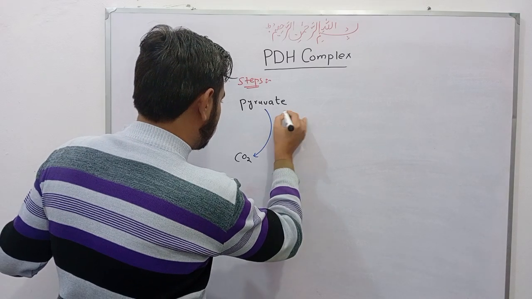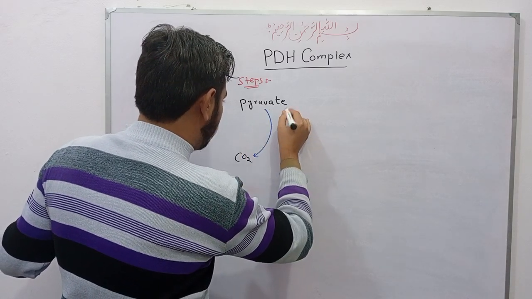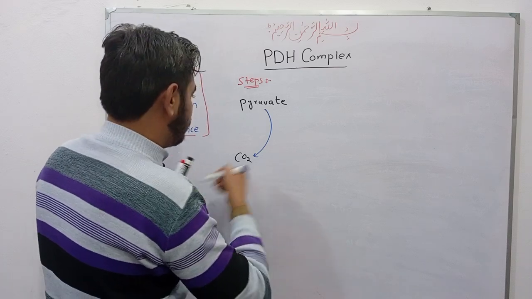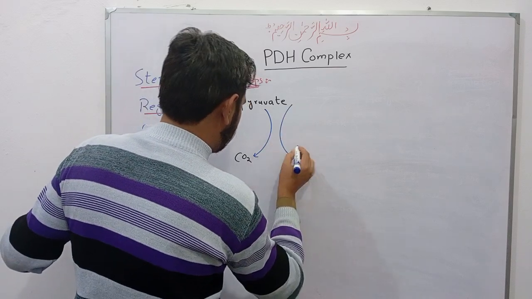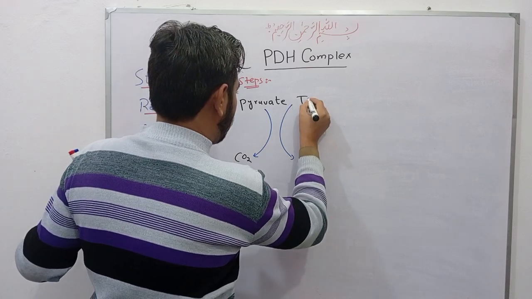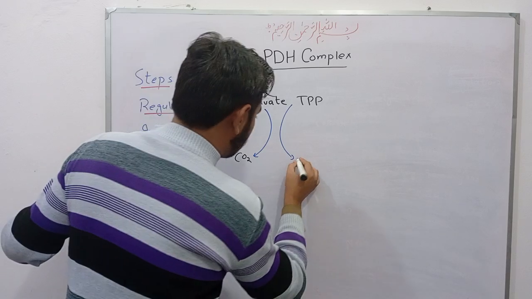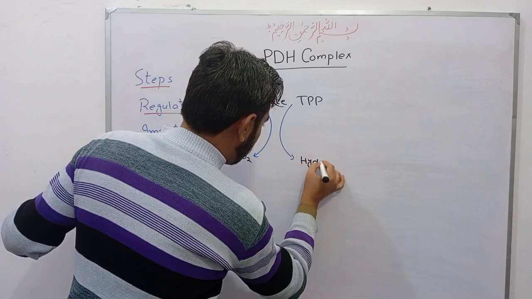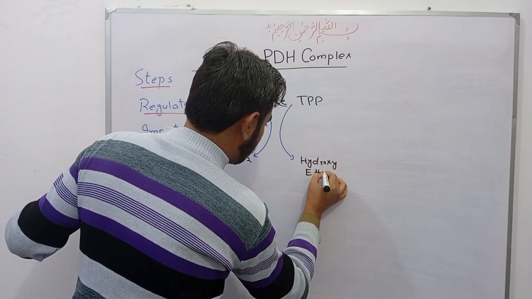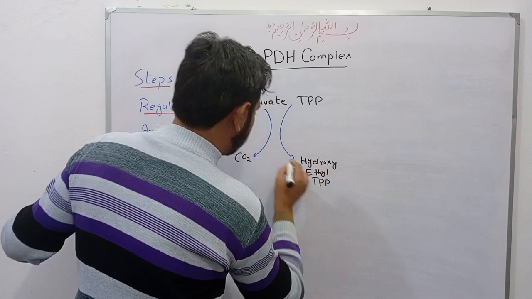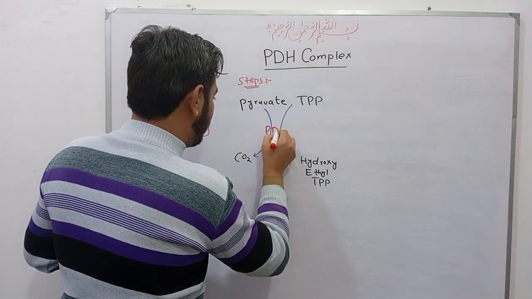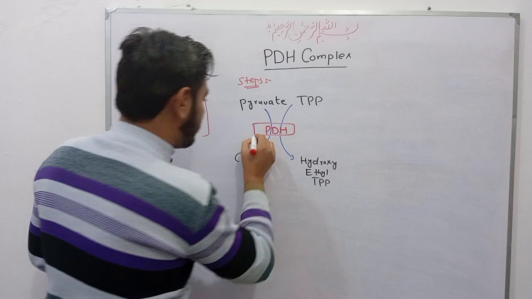Let's see. Thiamine pyrophosphate converts into hydroxyethyl thiamine pyrophosphate, and this reaction is catalyzed by the pyruvate dehydrogenase enzyme.